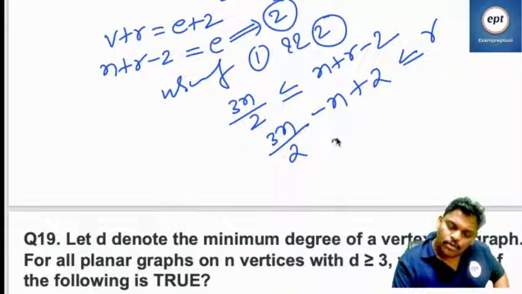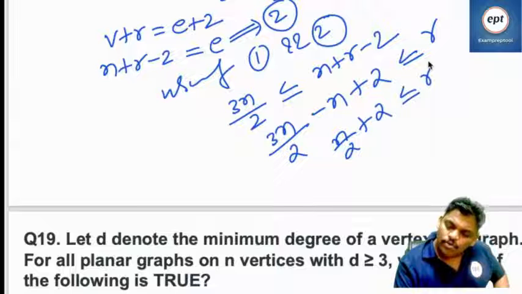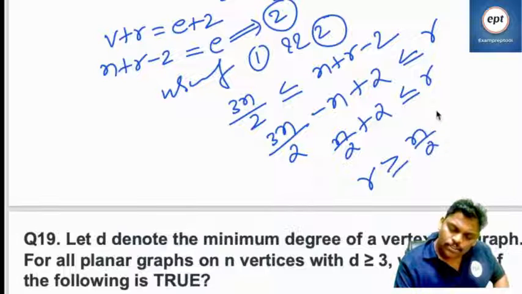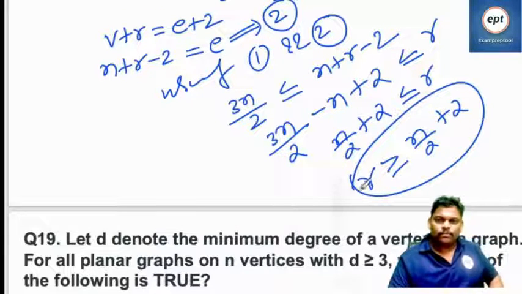Finally it is n by 2 plus 2 less than or equal to r. If you write in the reverse order, r is greater than or equal to n by 2 plus 2. So that is the answer for this.